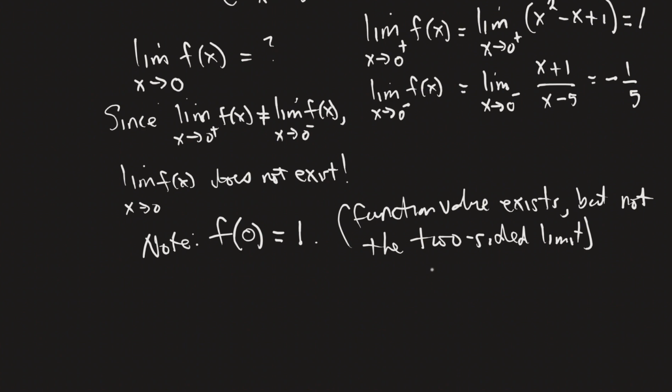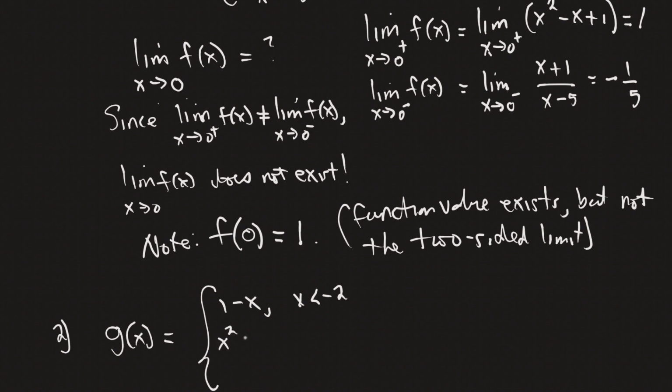Man, we're getting brave here. So let's call it g of x, mix it up. So let's say it's 1 minus x when x is less than negative 2. And then let's say it's x squared plus 1 when x is greater than or equal to negative 2, but then let's say less than 1.